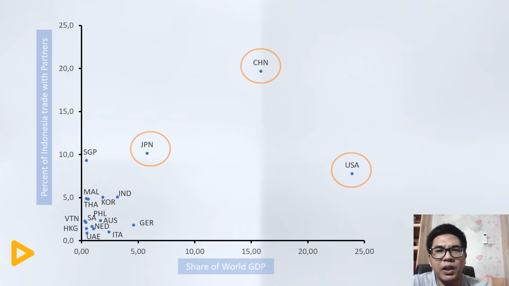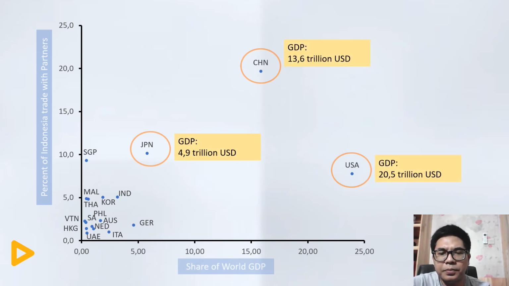We want to sell our goods to potential buyers, right? So the choice is made by the Indonesian economy. Of course, we make transactions with rich and big economies such as USA, Japan, and China, because they are the potential buyers of our goods.